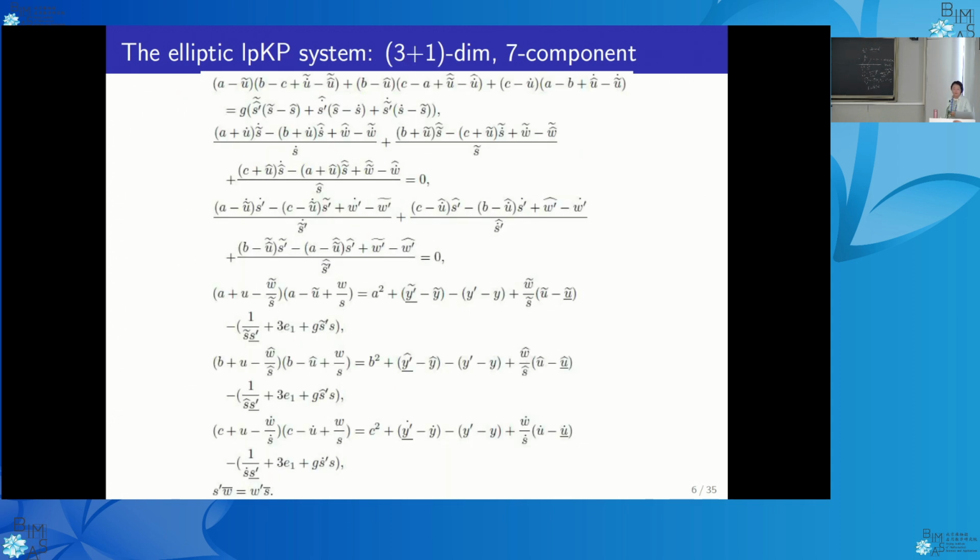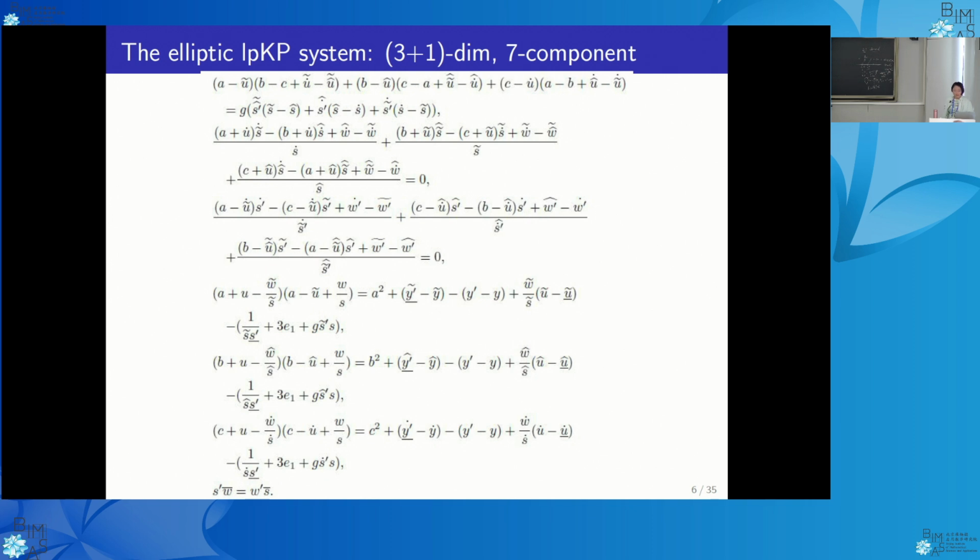Next is the elliptic lattice potential KP system, which is 3+1 dimensional with 7 components and 7 equations in this system. A very complex form. We can see tilde, hat, dot, and bar are shift notations.